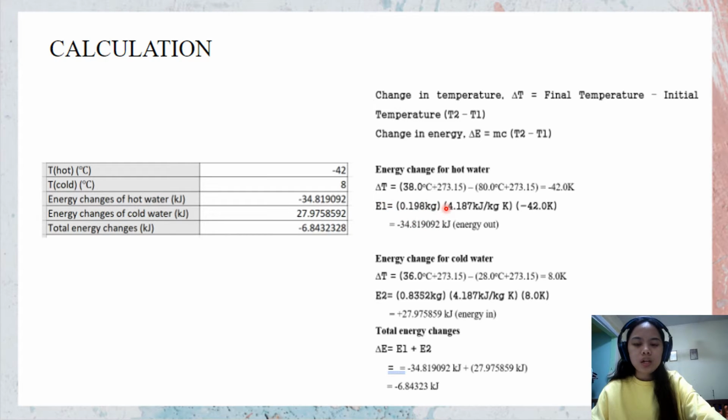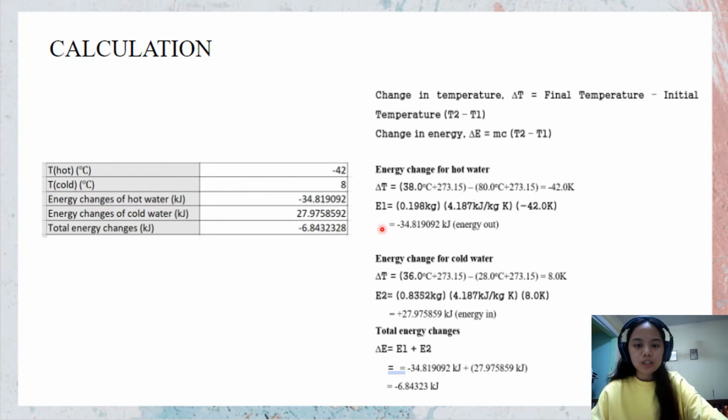So in this part, we have calculated the change in temperature using this equation, and we get negative 42.0 Kelvin for hot water.